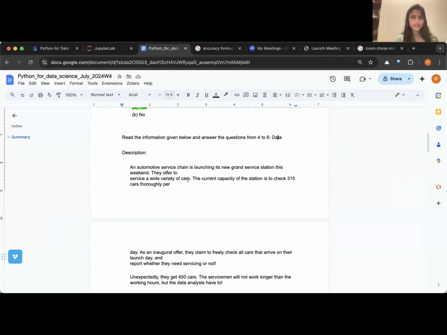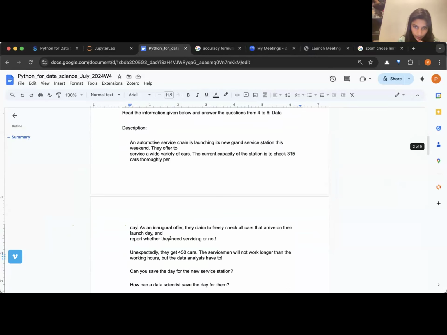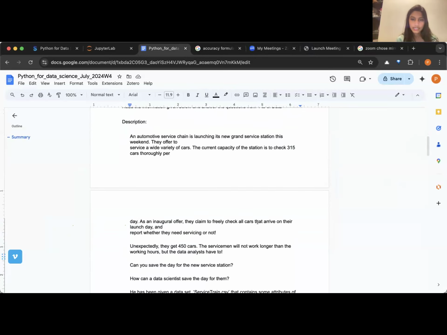They offer to service a wide variety of cars. The current capacity of the station is to check 315 cars per day. As an inaugural offer, they claim to freely check all the cars that arrive on the launch day and report whether they need servicing or not.